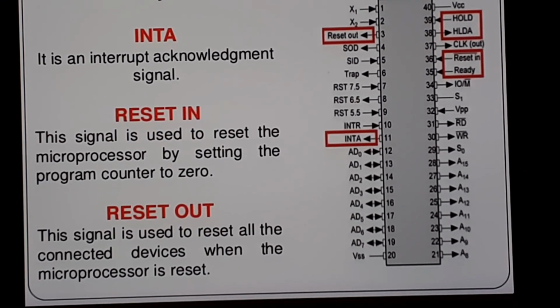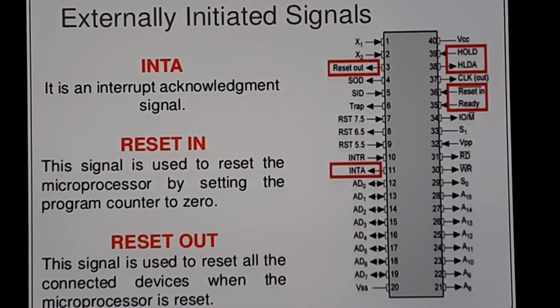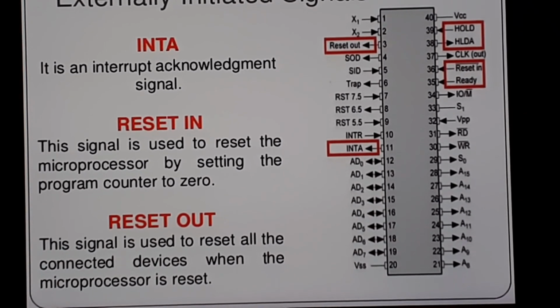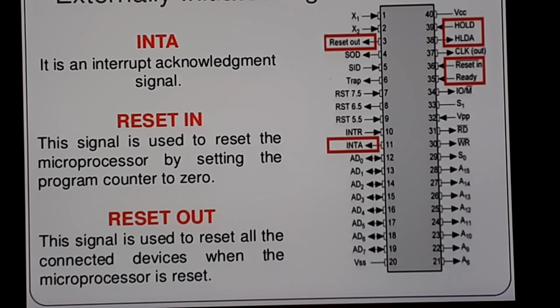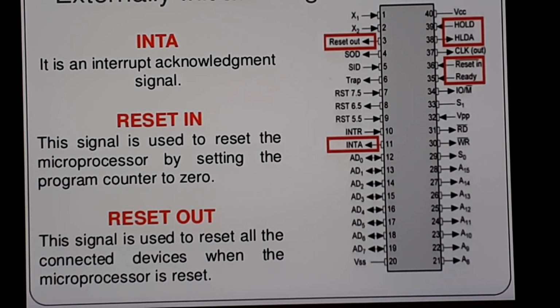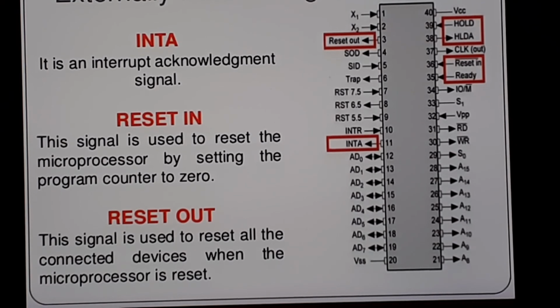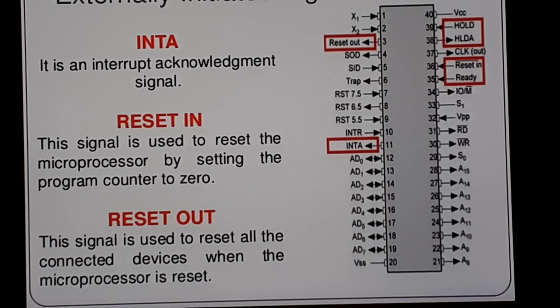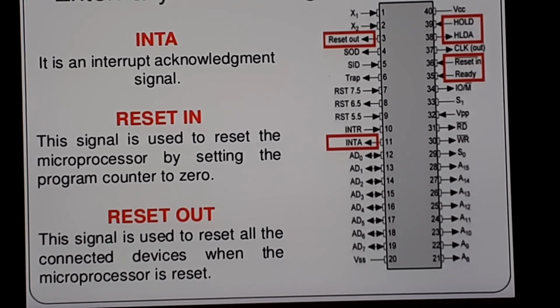Now the next pin is an externally initiated one, INTA. The first point you can note down is that it stands for interrupt acknowledgement. The second point is that when this signal goes low, it indicates the processor has acknowledged an INTR request.